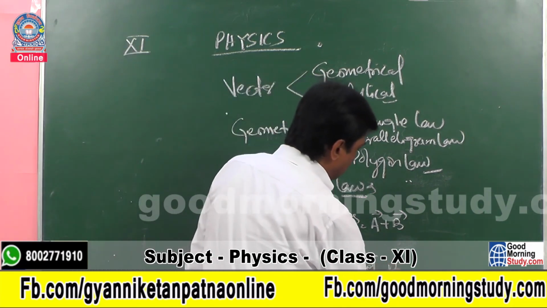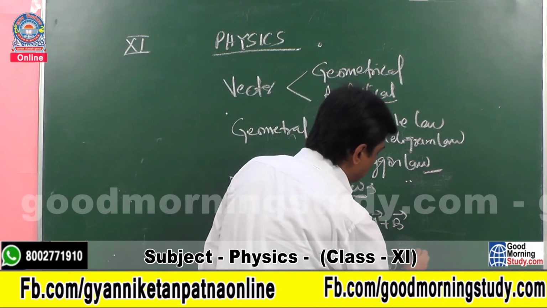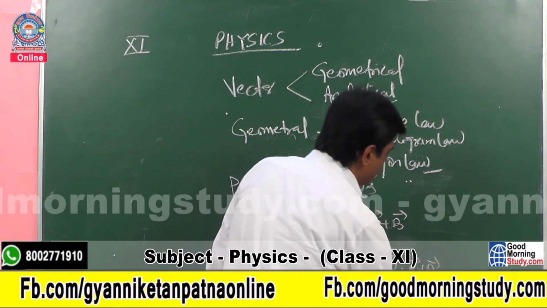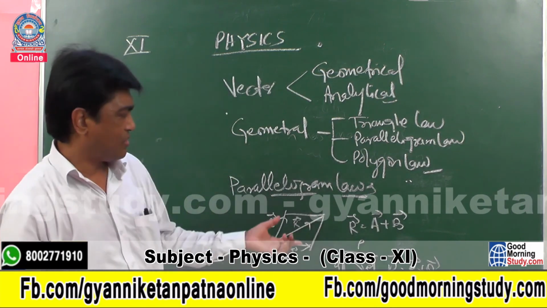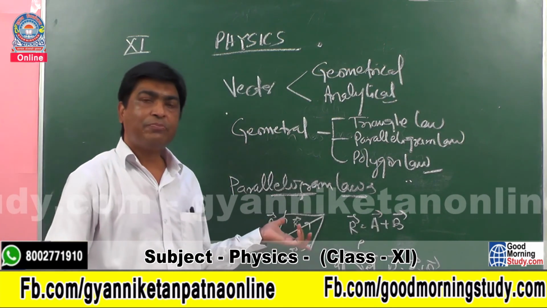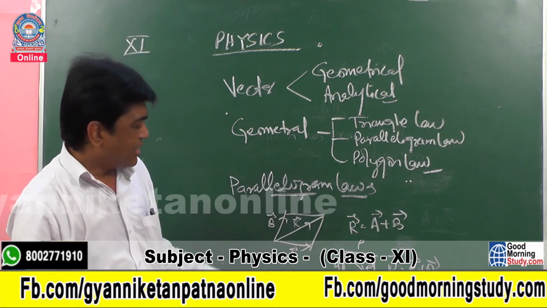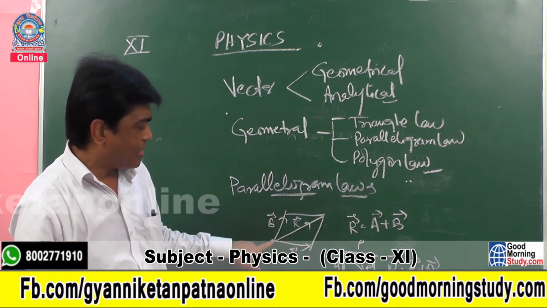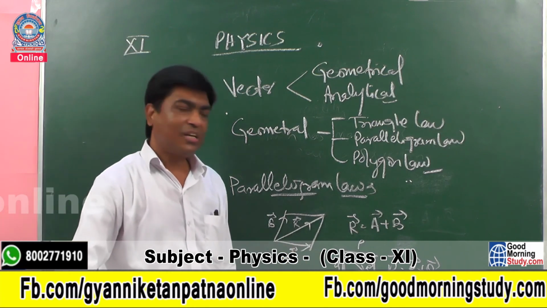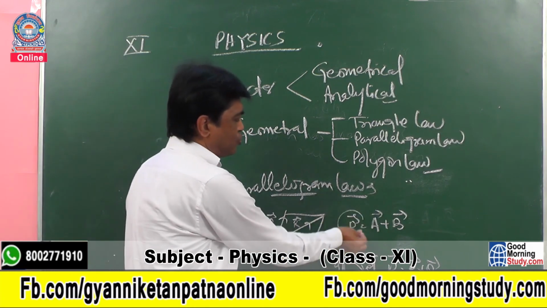Here R becomes vector P plus vector Q, and this is your parallelogram law. Remember that if two sides of a parallelogram are represented by two vectors, then the diagonal from their intersection will represent the resultant of these two vectors.